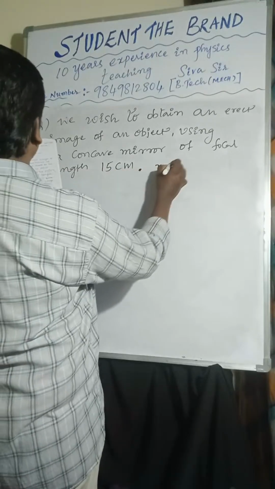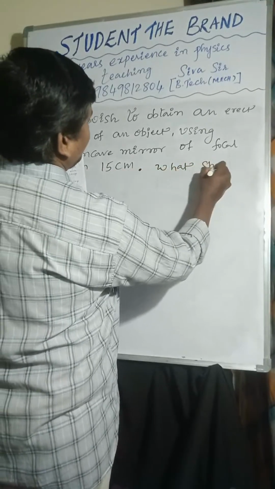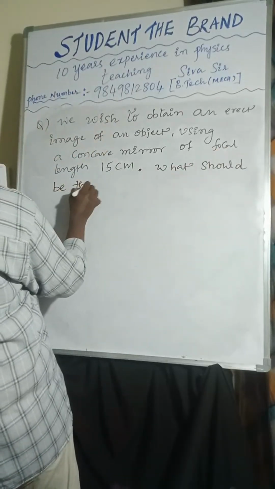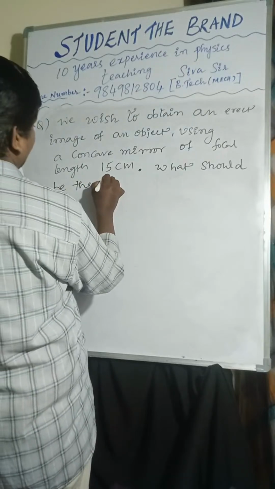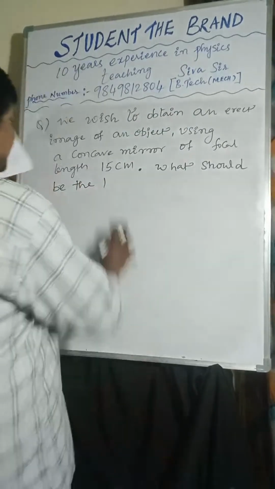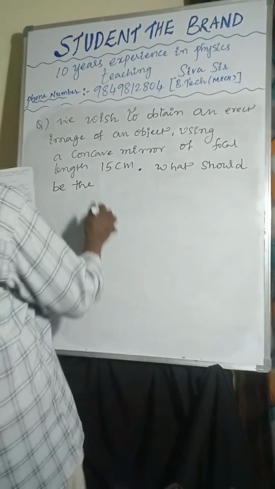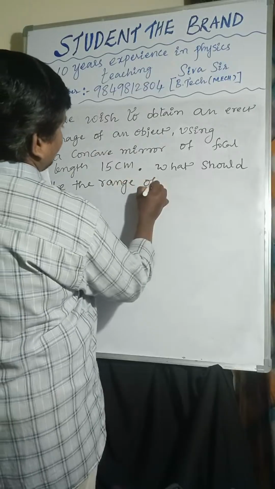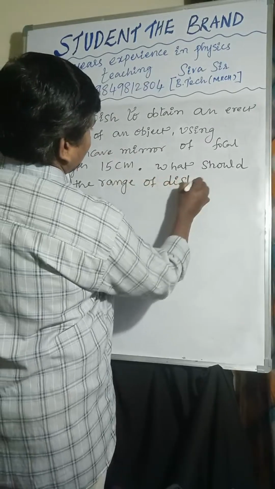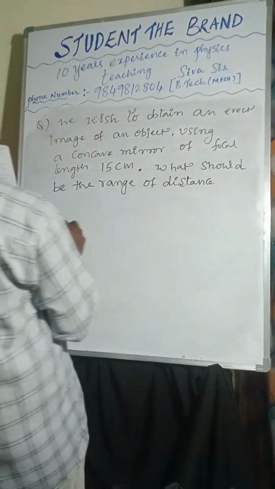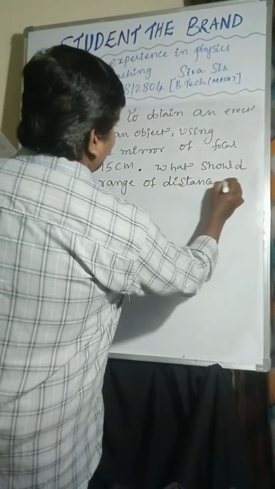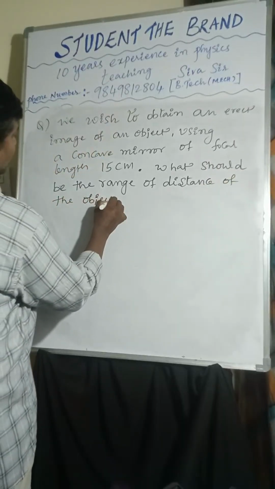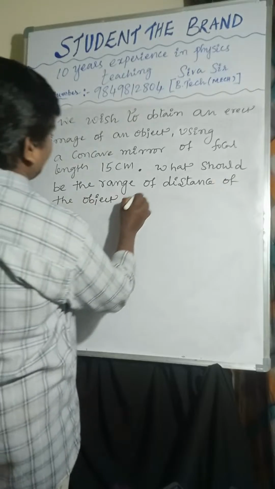So what should be the range of distance of the object from the mirror?